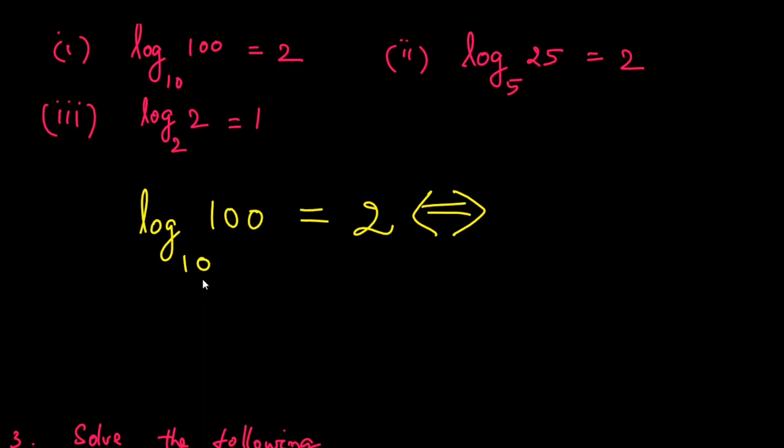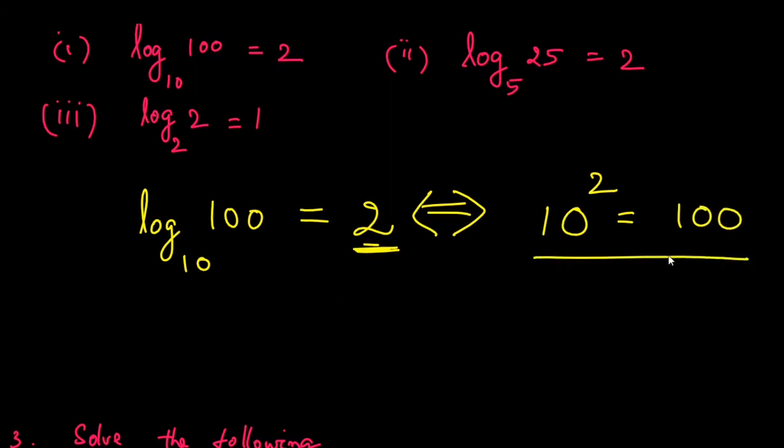So base is raised to logarithm. So base 10 power 2 is equal to 100. This is exponential form. Base is same here. The value of exponent is the value of logarithm.